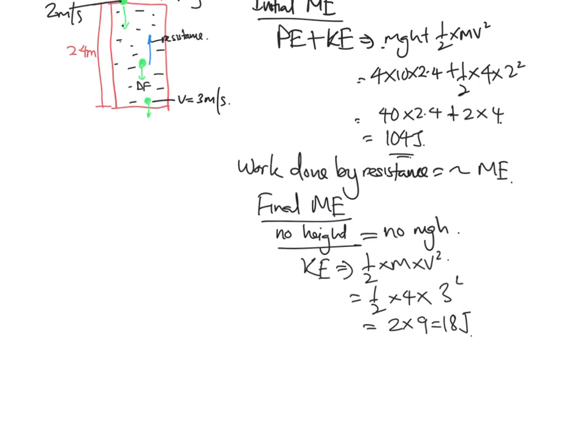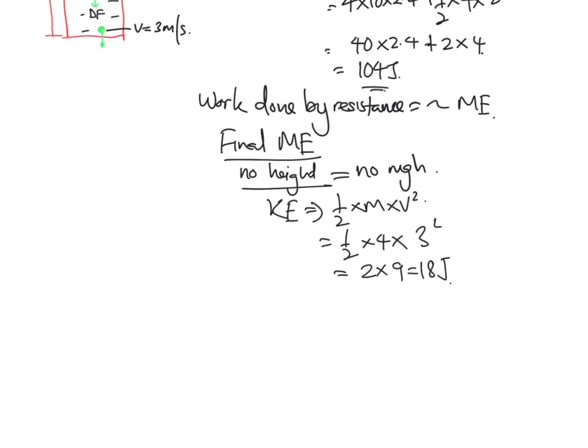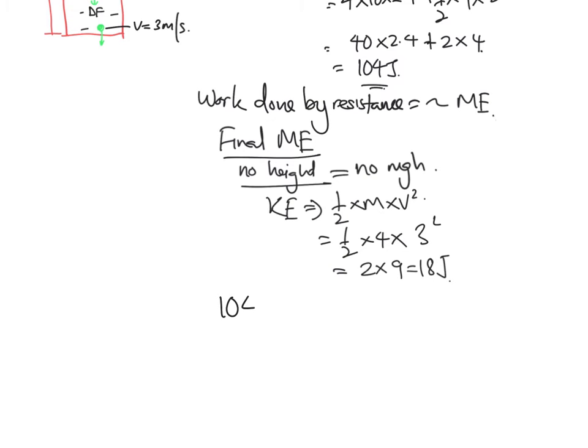So we have the initial and we have the final. Now what is the difference between them? The difference is 104 minus 18 joule, and the answer is 86 joule.